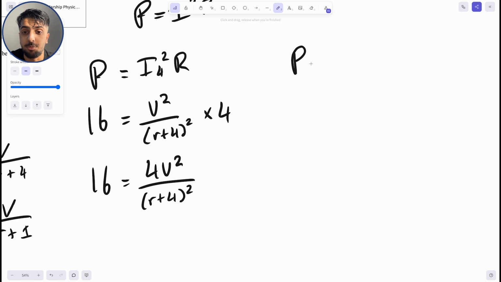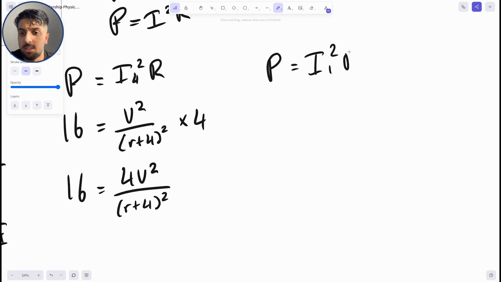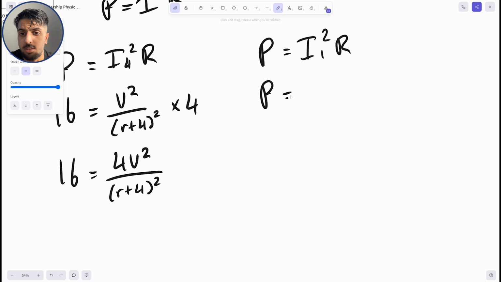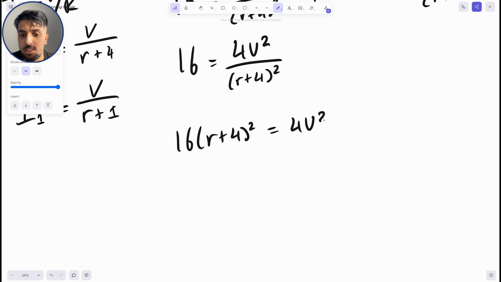And again, same thing for when we have our 1 ohm resistor. That is I1 squared times our resistance, and that's equal to 1 times V squared all over R plus 1 squared. So rearranging this for our voltage, we get 16 times R plus 4 squared is equal to 4V squared.